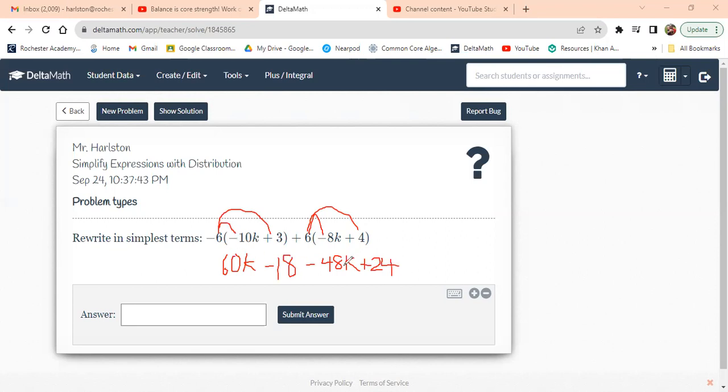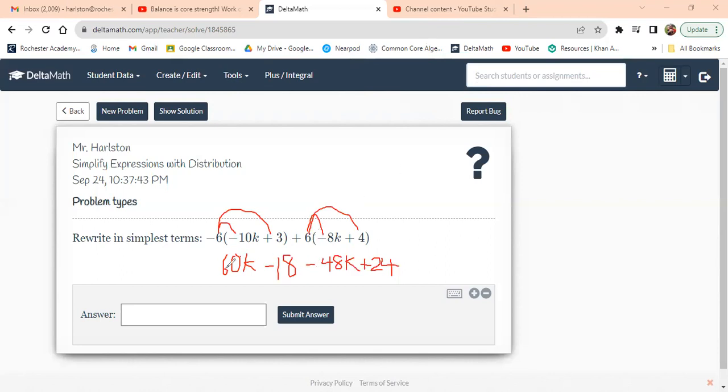Now, this is simpler. This is more simplified than this, but we want to get rid of these 4 terms and get it down to 2 terms. And the way that we're going to do that is we're going to add these two together, 60k minus 48k. So let me get a different color.